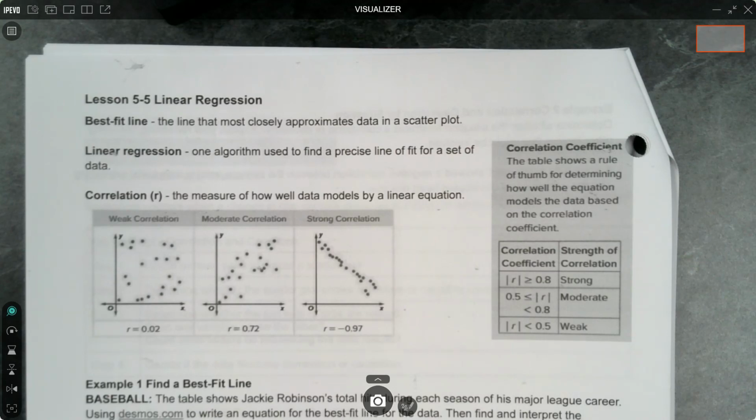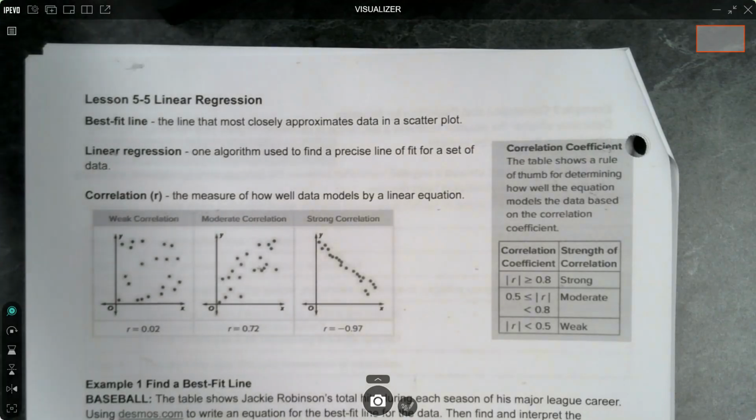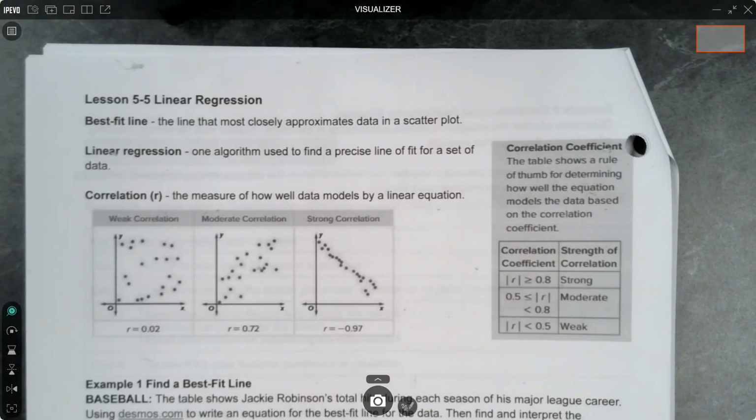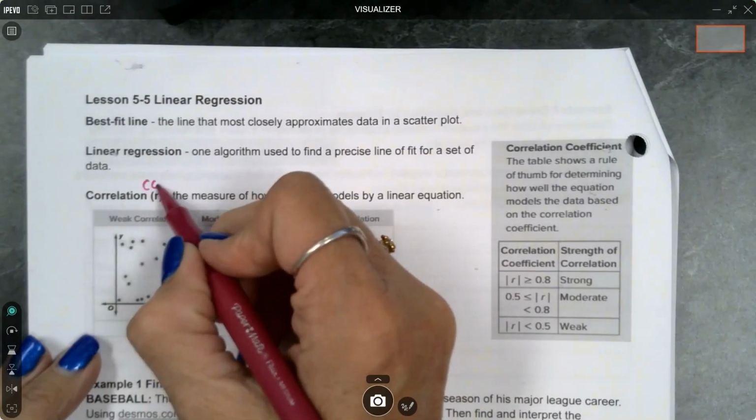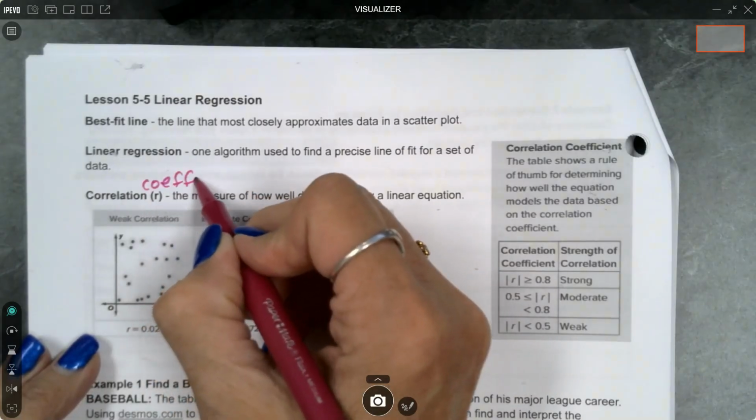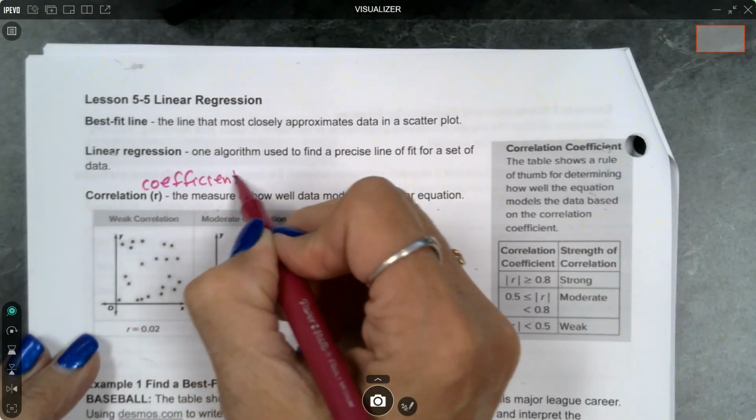And then correlation, okay. We talked about correlation the last time and whether it was positive or negative. But this right here, I forgot a word in here, and this should be correlation coefficient. And I typed this up.